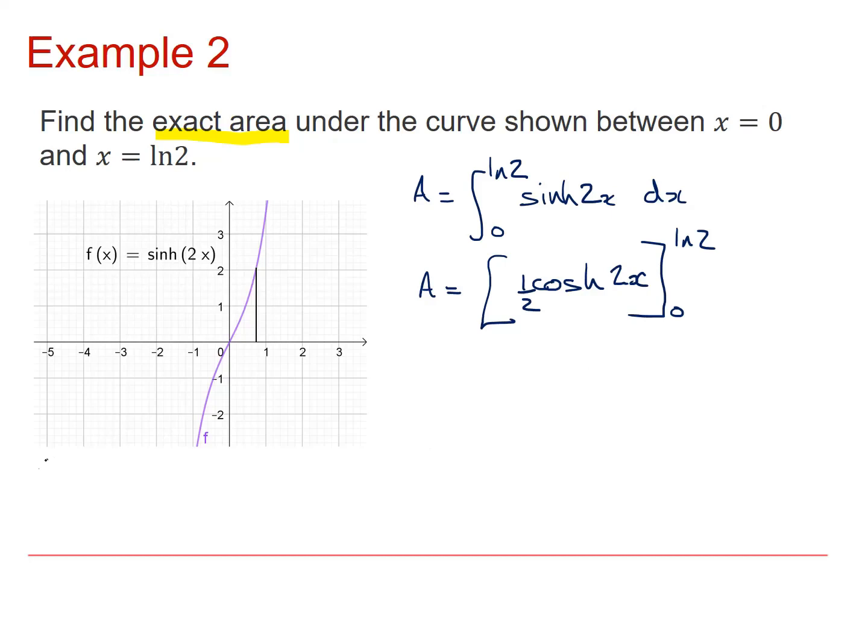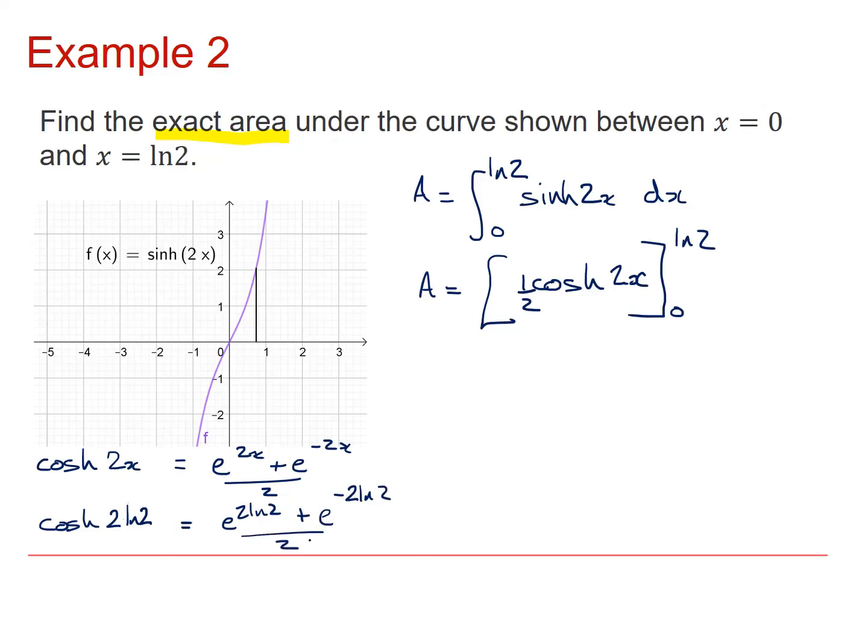Let's have a quick look at cosh 2x then. We know that cosh 2x is equal to e to the 2x plus e to the minus 2x all over 2. If I stick in log 2 then, the cosh of twice log 2 is going to be e to the twice log 2 plus e to the minus twice log 2 all over 2. Think of this as e to the log 2 all squared, and we're just going to get 2 squared, which is 4.